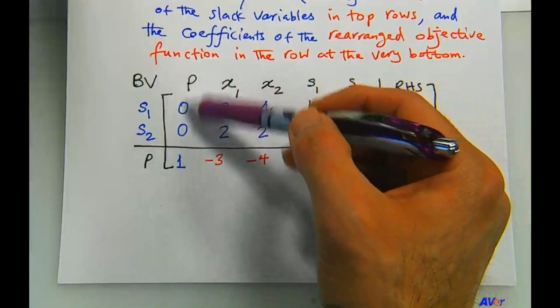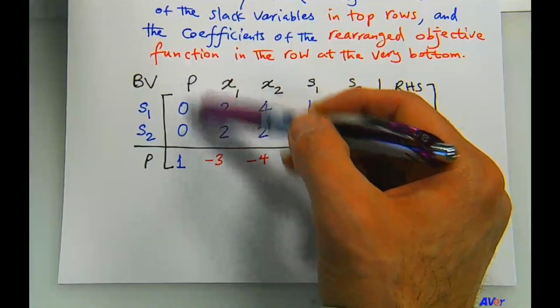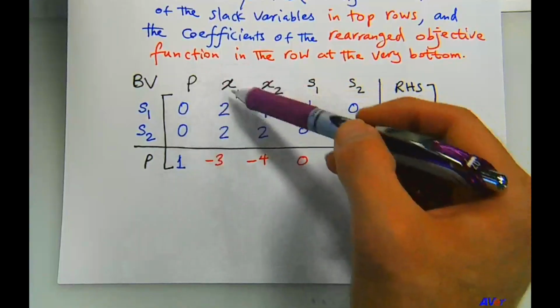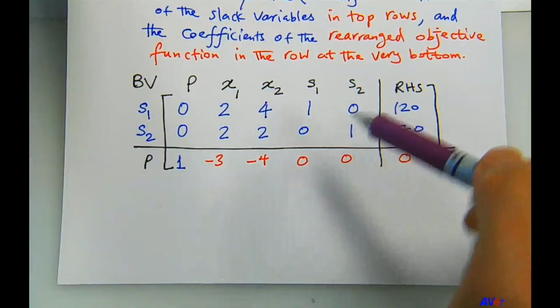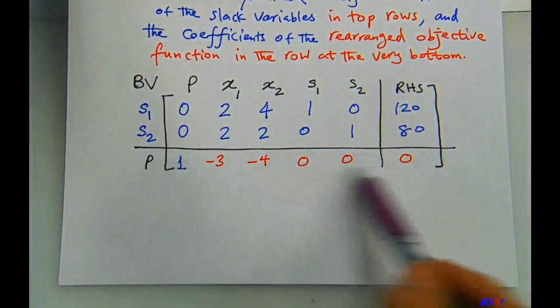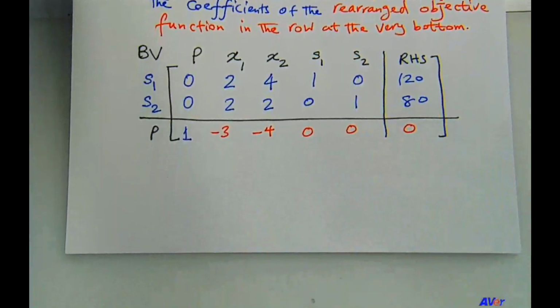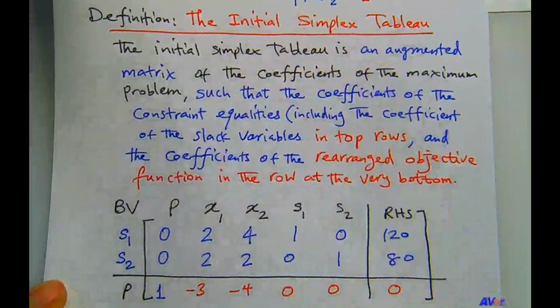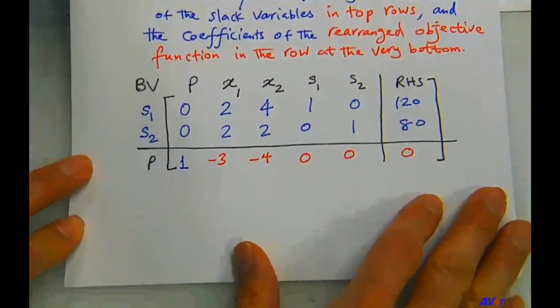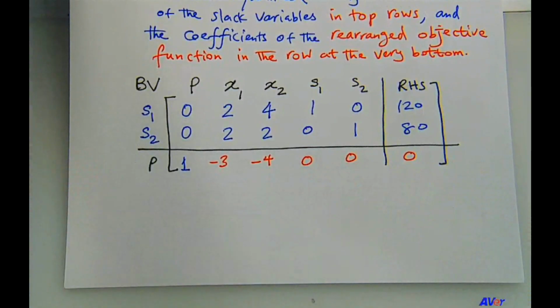But that's where we begin initial simplex tableaus: P, X1, X2, S1, and S2. And the bottom row is the objective row. So this is the implementation of this text, which I just wrote down. So this is an example of how initial simplex tableaus look.